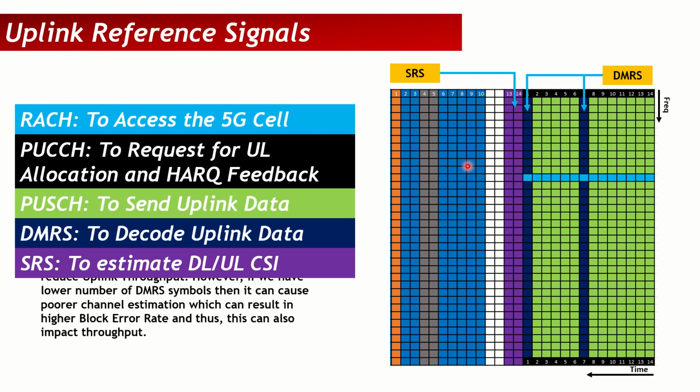And we have SRS, to estimate the downlink and uplink channel state information. This is a simple summary of how the uplink channels are structured, what information we get from each, and what the functionality of each is.